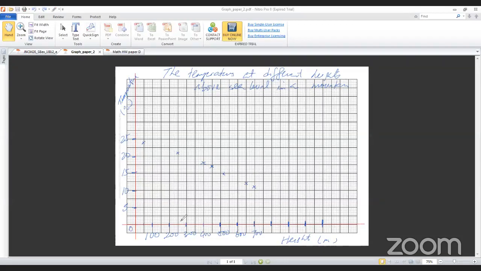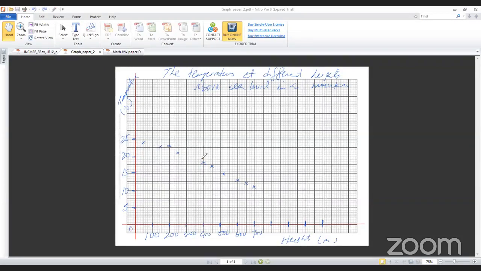And then we continue in this way. And then the diagram we created is called a scatter diagram. 13. And then 150, 23. 380, somewhere here. Okay, 18.